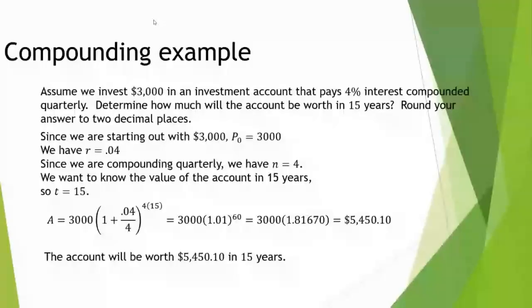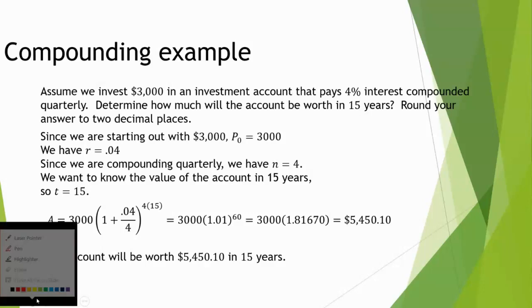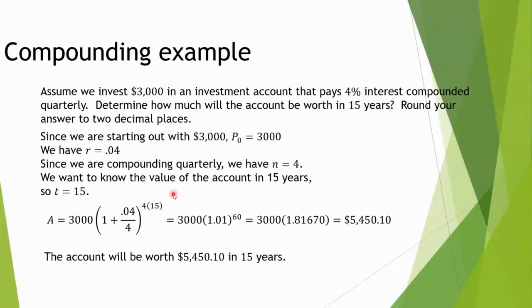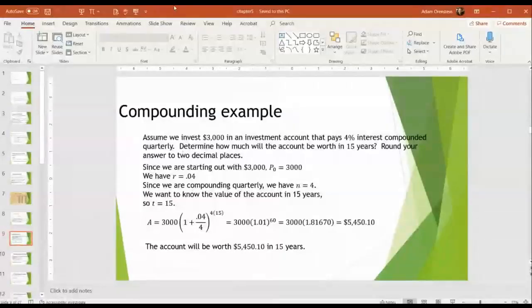Okay. So if we go back to our formula, I mean the notation, I probably should have put it here, but you have the notes in front of you, I think. At least I hope you do. We're starting out with $3,000, right? That's what we're investing. So P sub 0 here is $3,000.